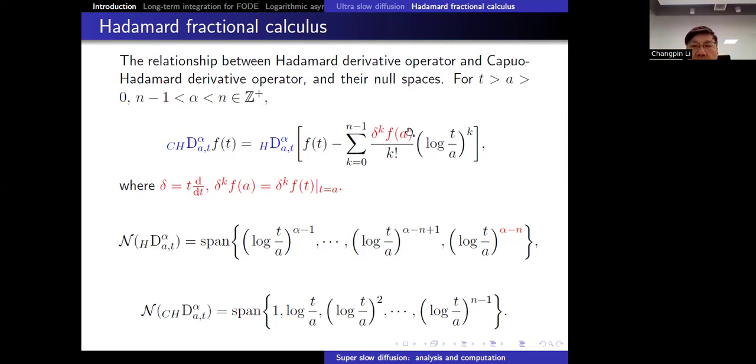If the initial condition is homogeneous, then the two kinds of definition are equivalent.